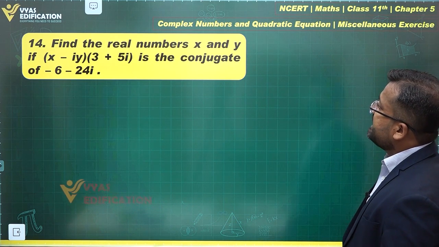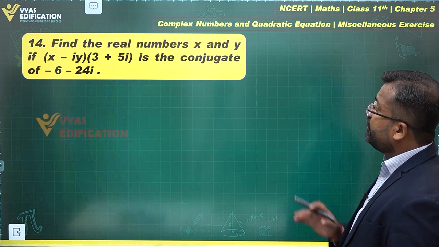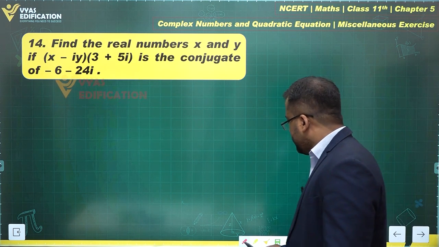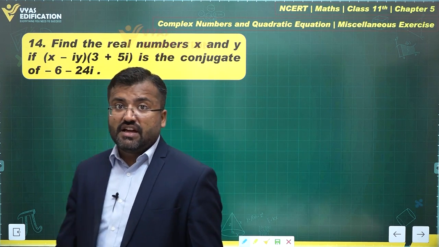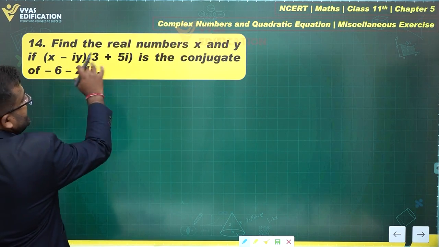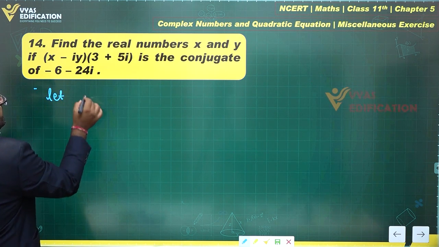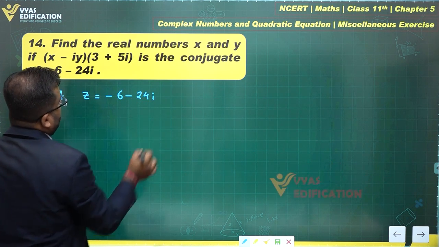Find the real numbers x and y if this whole complicated expression is the conjugate of this complex number. Okay, that's what the question says. So let's take a look at this question. x and y are real numbers, and this is the conjugate of this. Okay, so let z equal -6 - 24i.